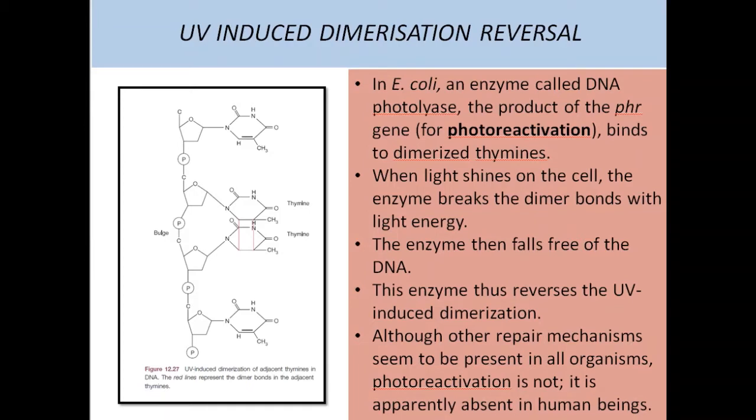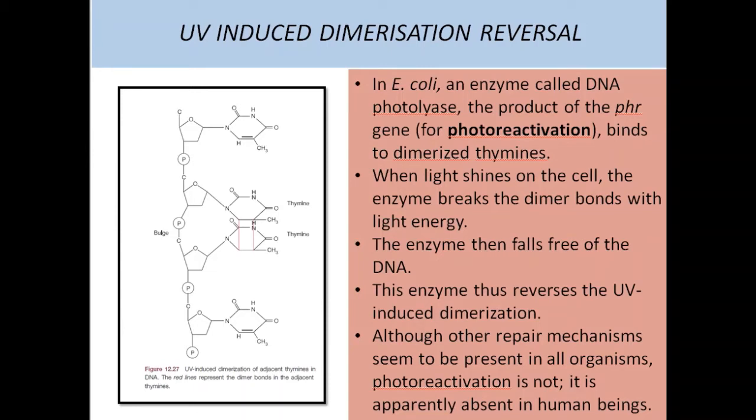I hope you do remember that UV exposure results in the formation of certain dimers, like thymine dimers, which are mainly formed as a result of UV exposure in microbes, and we use this in the laminar air flow also to kill, and sometimes even to mutate, the microbes.